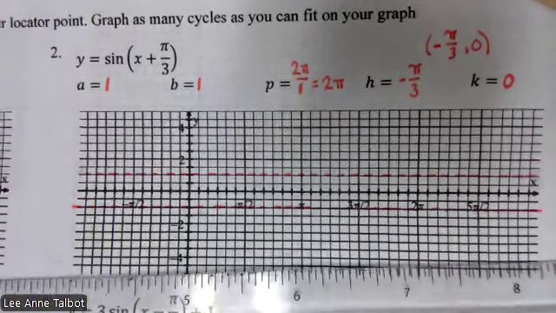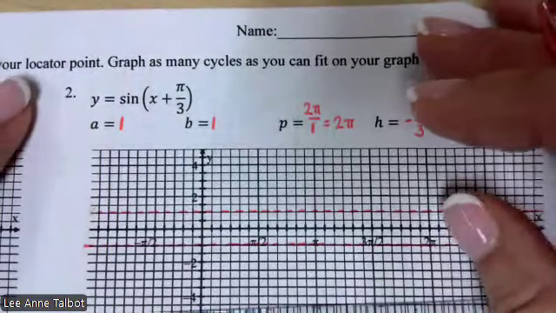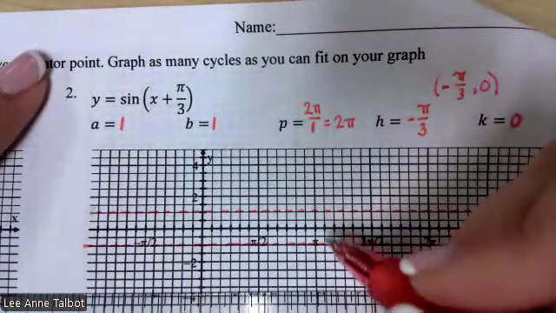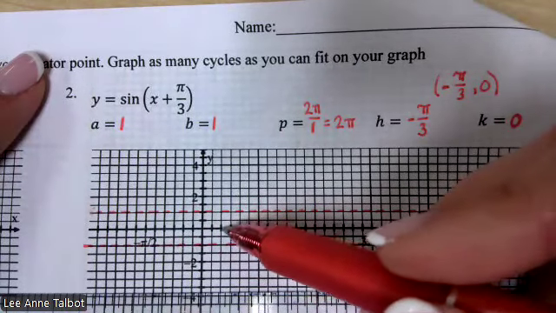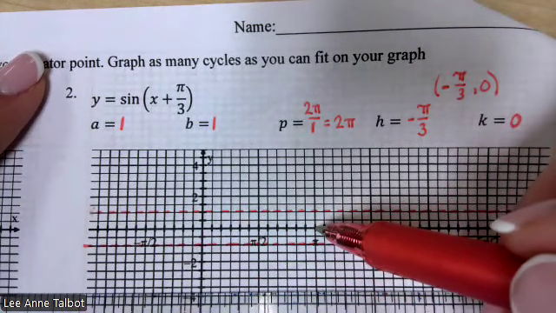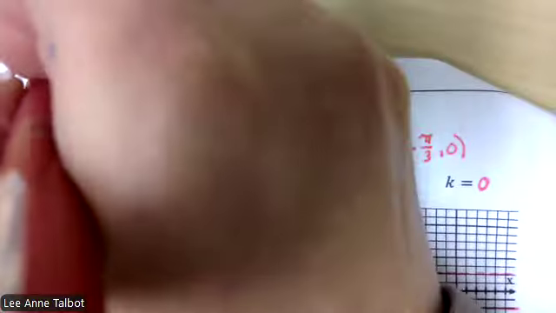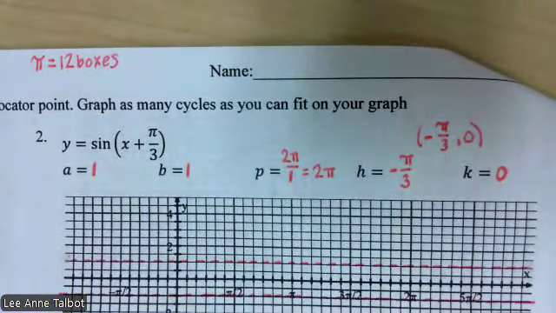So what we're going to do is go up to the very top of the page. Can you guys tell me how many boxes is pi on this graph paper? It's 12. Okay, at the very top of the page, like literally the top of the page up here.